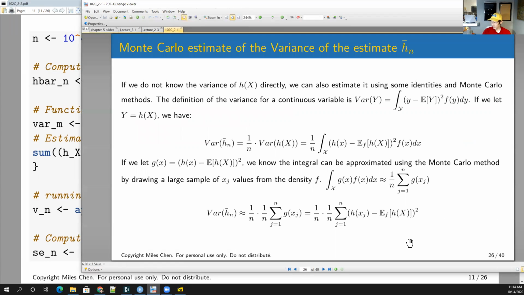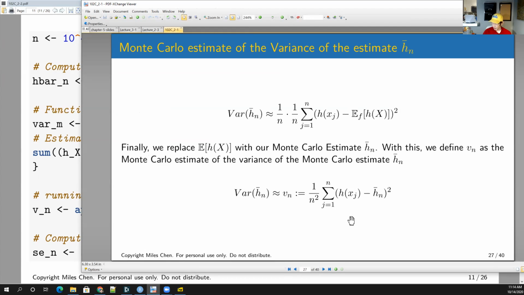Well, we can do some manipulation, and basically it comes down to saying the estimate of the variance of h of x is going to be this quantity, and therefore the variance of h bar sub n is going to be estimated by this: 1 over n squared times the sum of h of xj minus h bar sub n, squared. This is our estimate of the variance of h bar sub n.